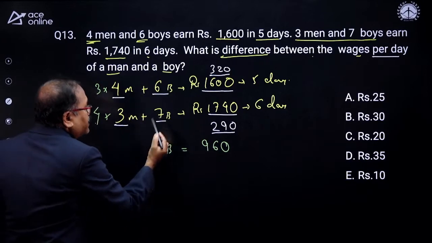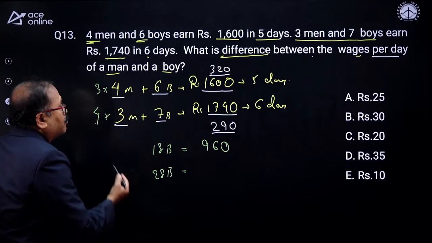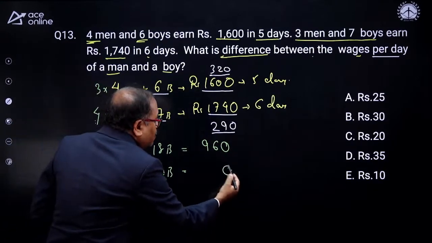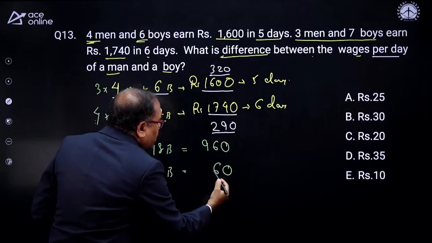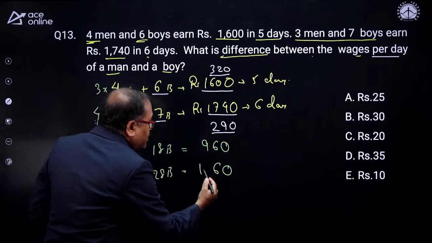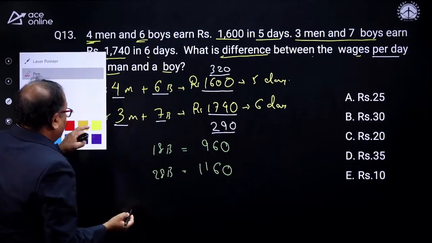And here 4 times 7 is 28. So 28 boys is equal to 4 into 290, that is 1160. So you see that the difference is 10 boys.